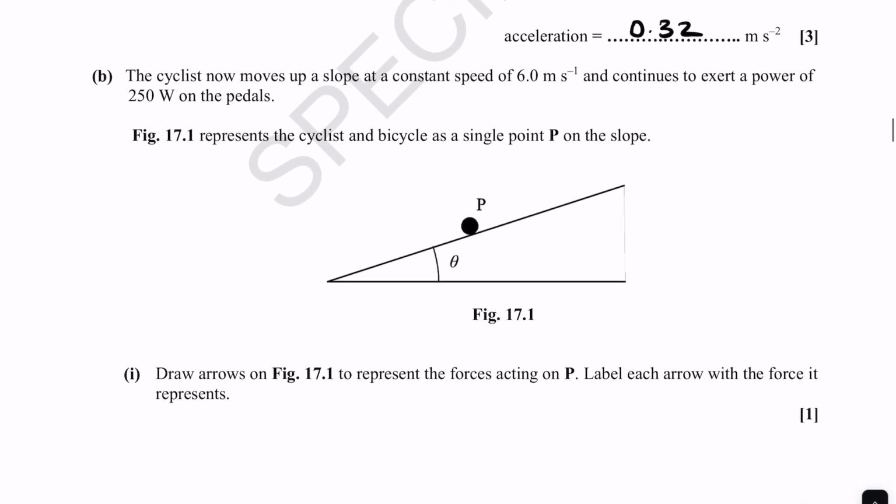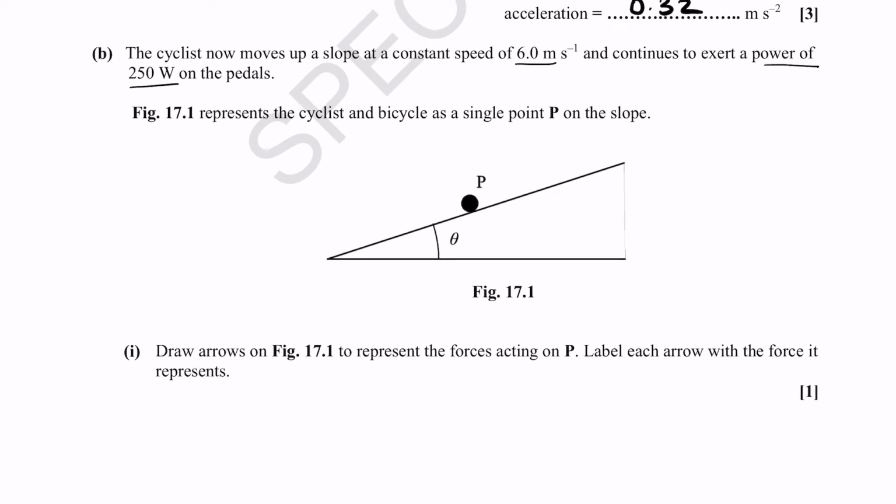For part B, it says that the cyclist now moves up a slope at a constant speed of 6 meters per second and continues to exert a power of 250 watts on the pedals. We need to draw arrows on the diagram to represent the forces acting on P, labeling each force. The first one is obviously the weight.